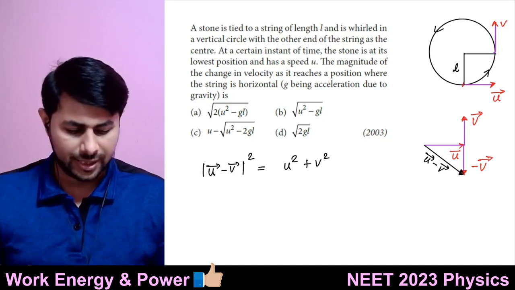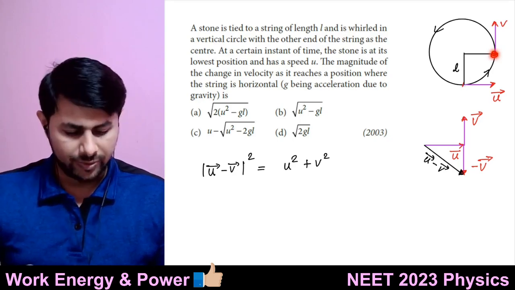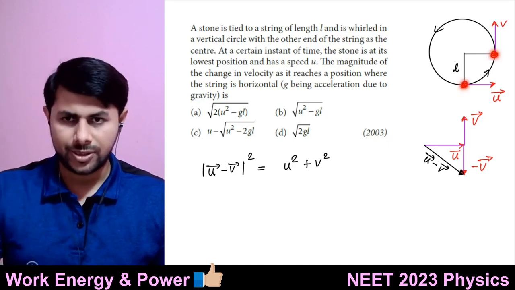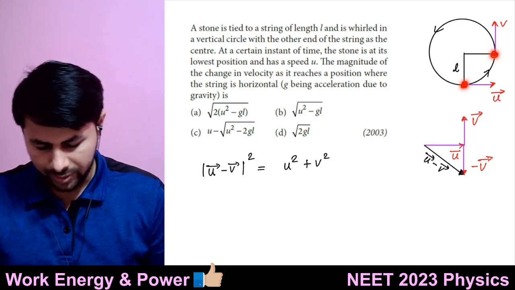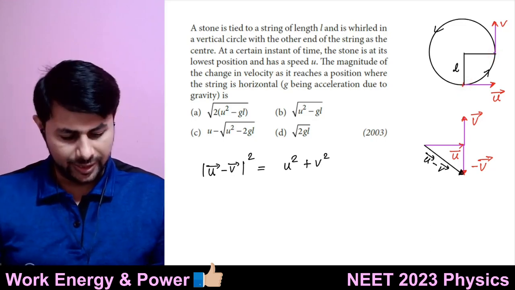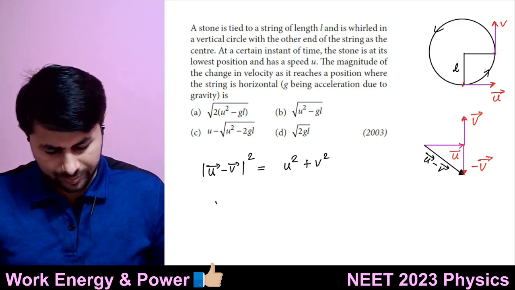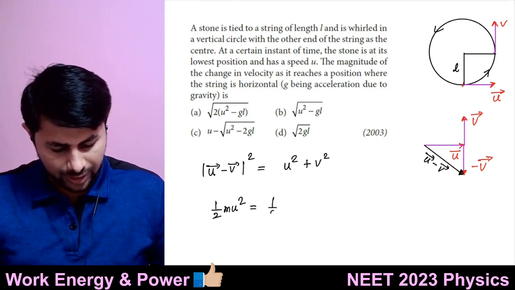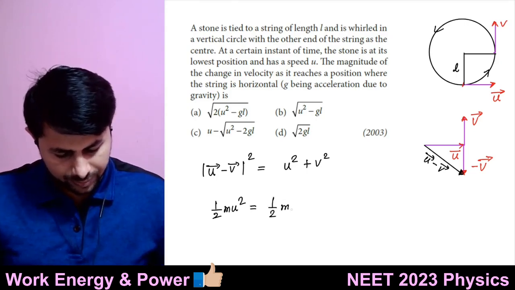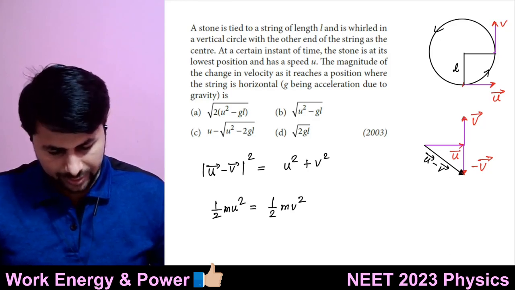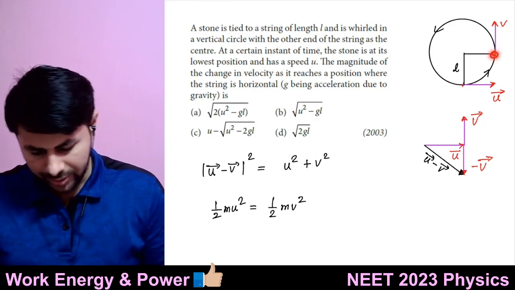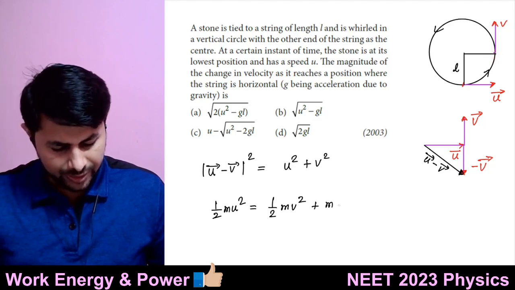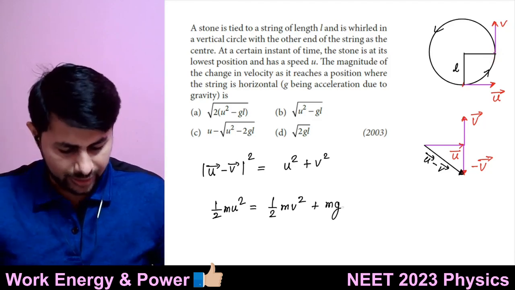So half of m into u square is equal to half of m into v square, that is at this position, plus mgh, that is mgL.